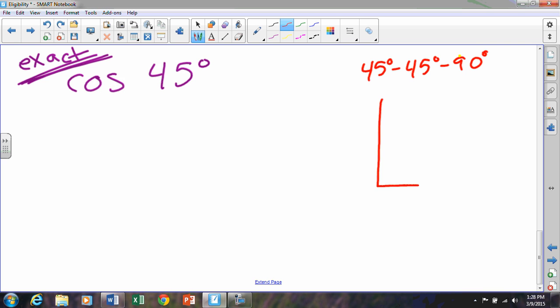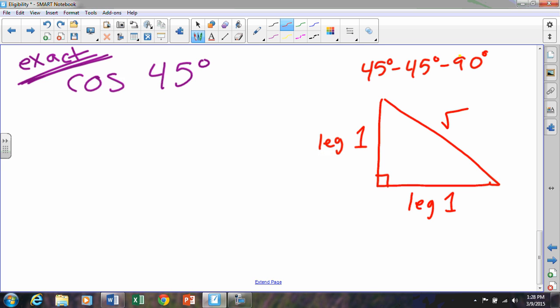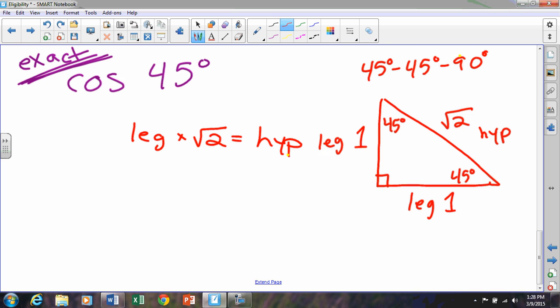Whether you memorize them, which frankly you should do, they're that important, or you have these pieces written down for your notes, you need to be able to recognize this information, which we had built and further gave the equation. The leg multiplied by the square root of 2 will give you the hypotenuse.